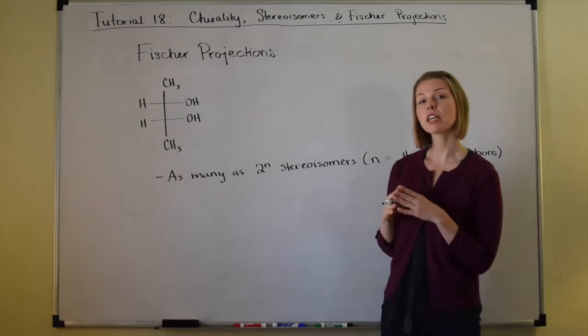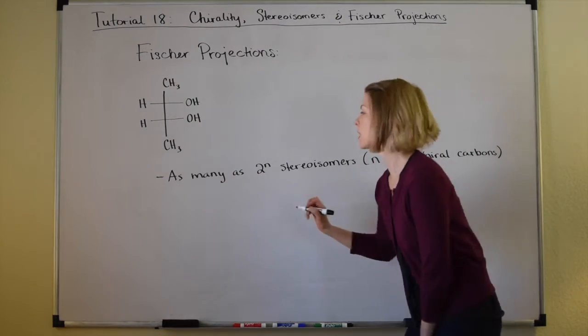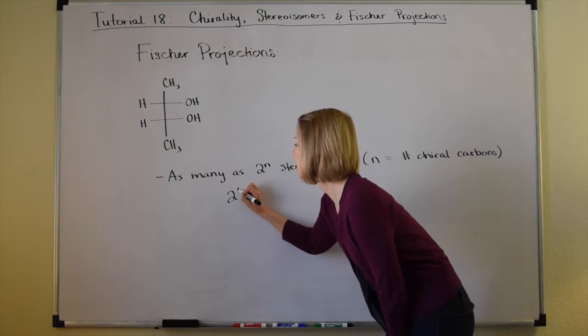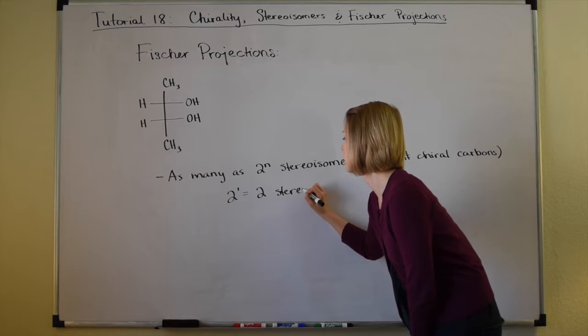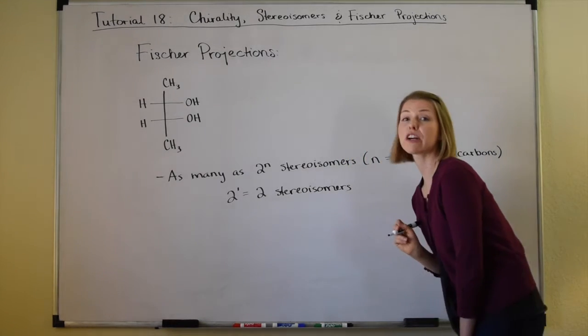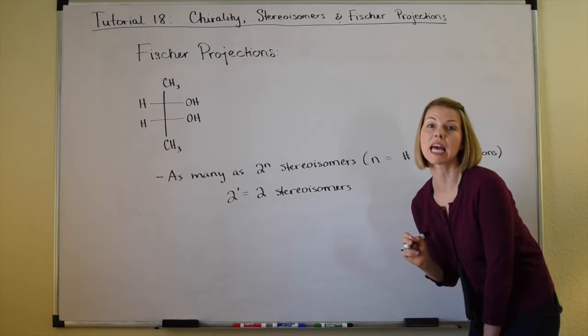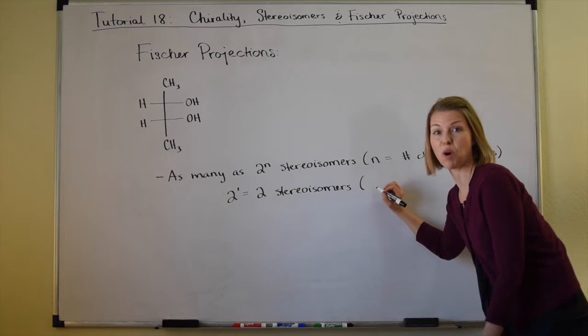So for a molecule that just has 1 chiral carbon, the formula is 2 to the 1 for a total of 2 stereoisomers. And those stereoisomers will be related as enantiomers. So not so hard when there's just one chiral carbon.